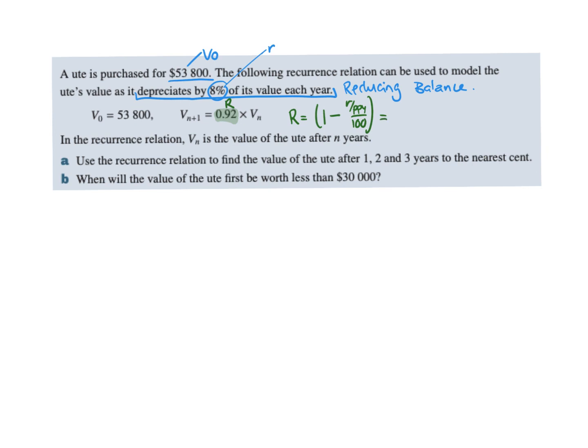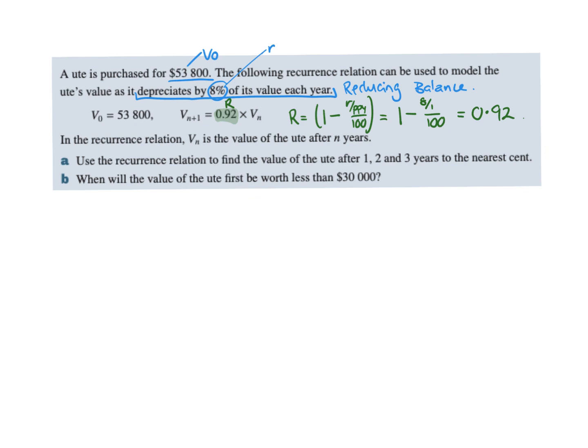So just to show you how they got that number, they did 1 minus 8. Now, because it was each year, PPY is 1, and over 100. And so when you do that on your calculator, that's how they get 0.92. All right, so you need to be aware of that.